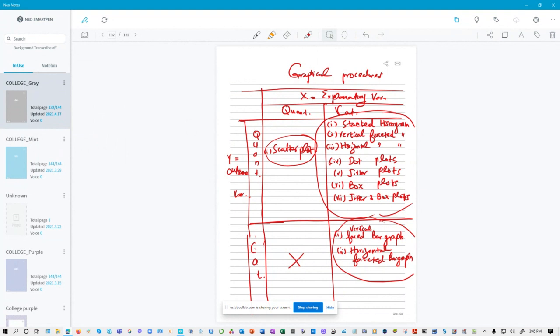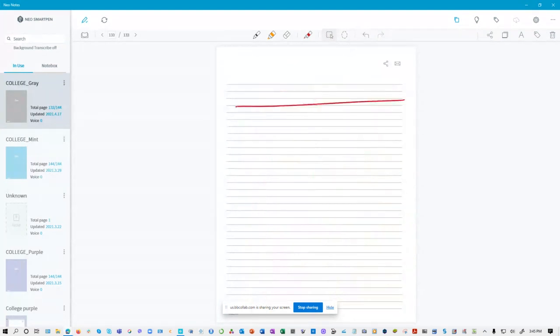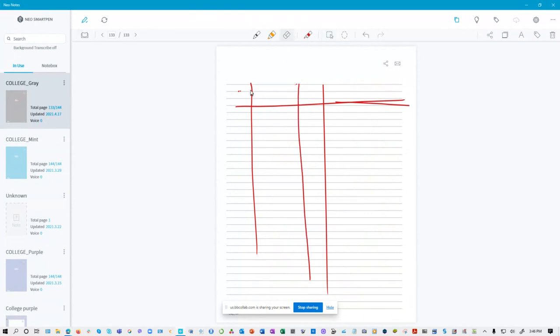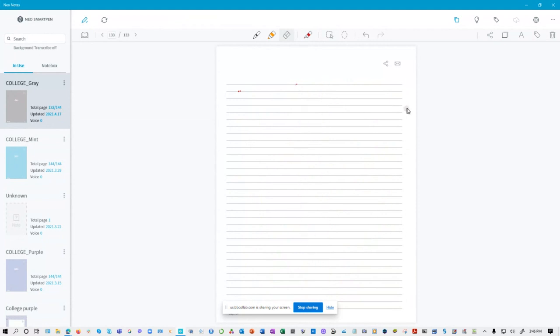If you do that one, stack, I'm going to write the codes related to each and every variable. I'm going to get more space over here. I'm going to raise this one a little bit.